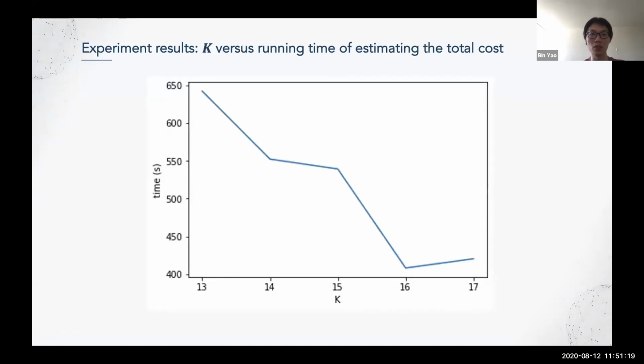This is the time we used for estimating the total cost, as we mentioned in part 1 of the model. In our settings, we only use roughly 10 minutes for each number k.